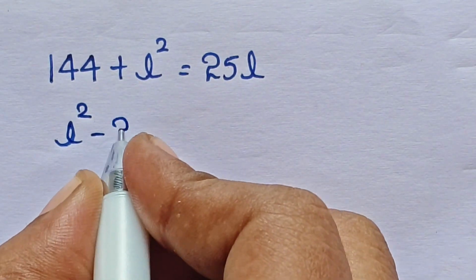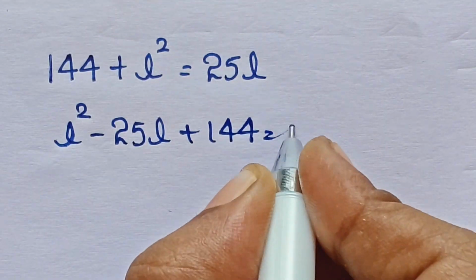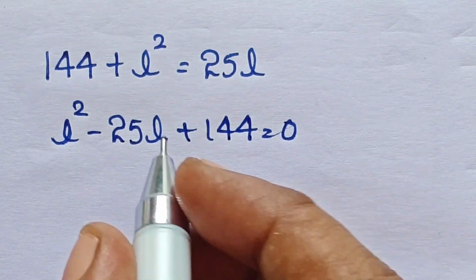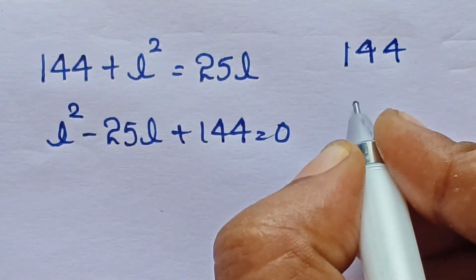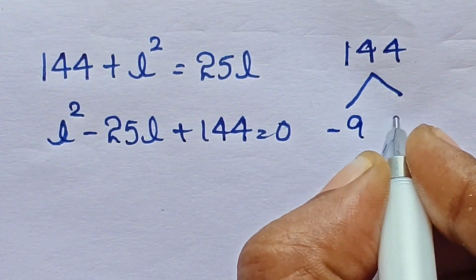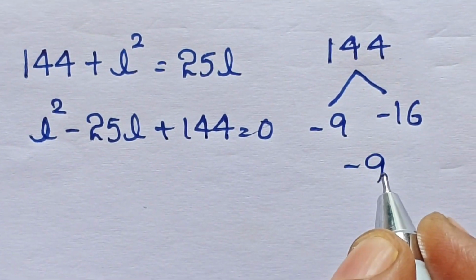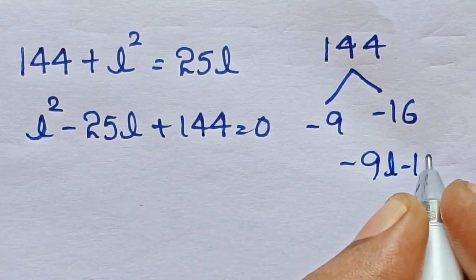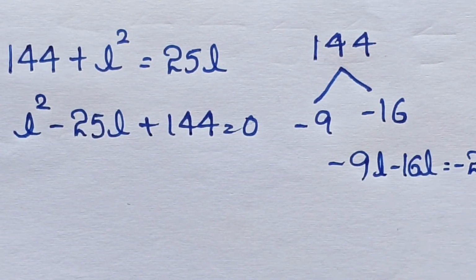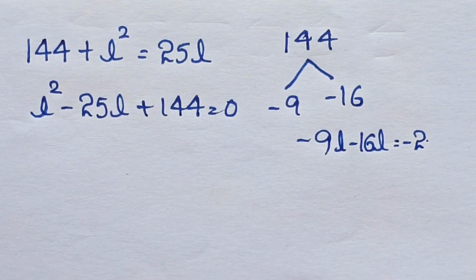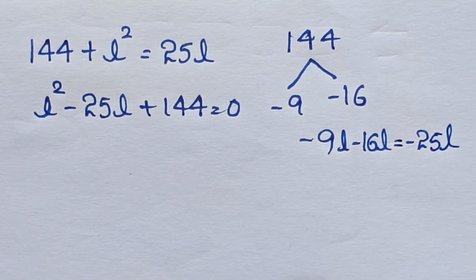L square minus 25L plus 144 is equal to 0. 144 is 9 times 16, and minus 9L minus 16L is equal to minus 25L.